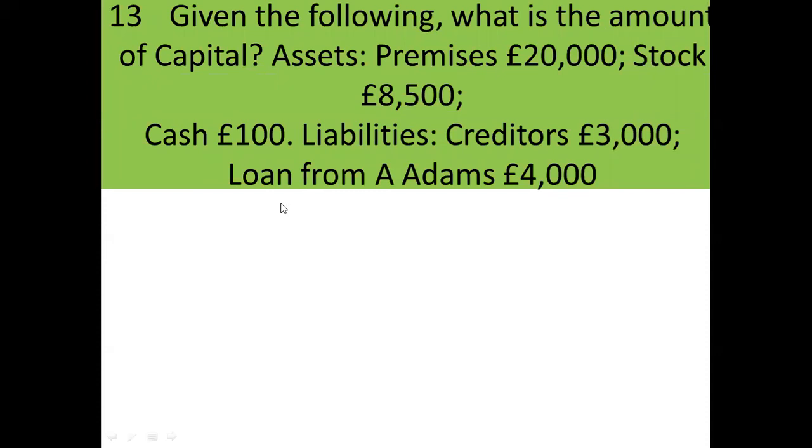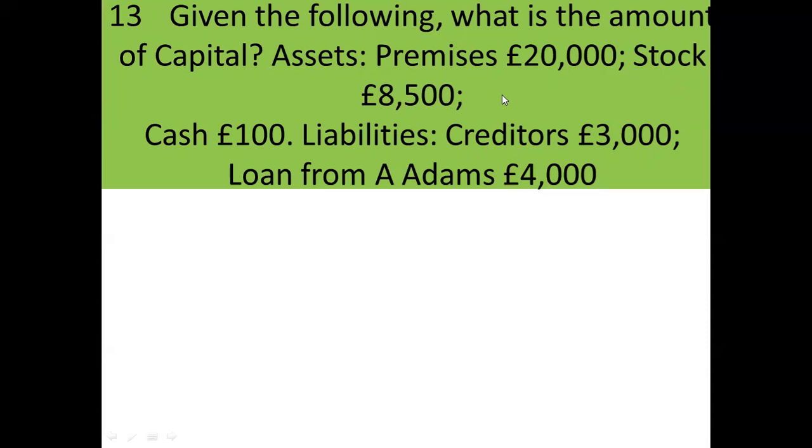Given the following, what is the amount of capital? We have to calculate the amount of capital. We have assets and liabilities, and as we know, assets equal capital plus liabilities. We have assets of 20,000, 8,500 and 100. Our liabilities are 3,000 and 4,000.